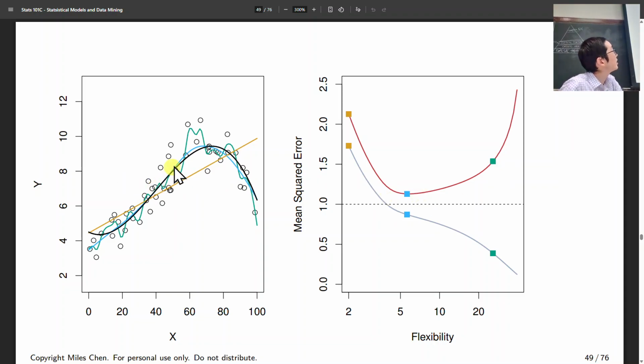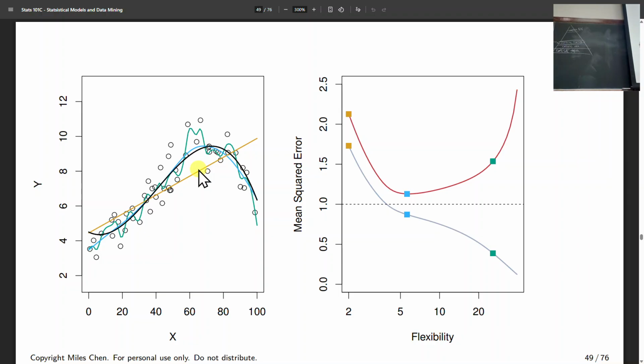Well, when we generate new data points, we might generate another data point maybe down here, okay? And in this case, if there's a data point right here, with our green line predicting up here, the amount of error is going to be quite a bit higher, okay?